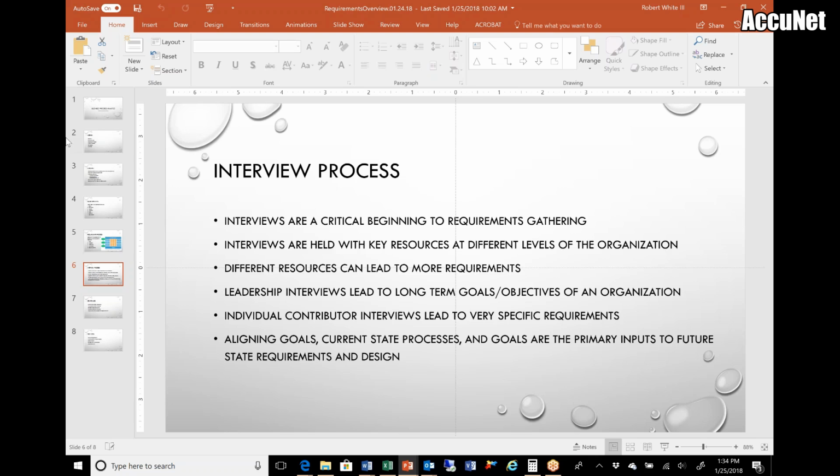It's the difference between a waterfall project and an agile project, where in a waterfall project, you're going to be given requirements and you're going to build a product. You're going to deliver that product with a certain level of testing. But by the time you get to testing and implementation, much of what you've built does not align to what that business expected.